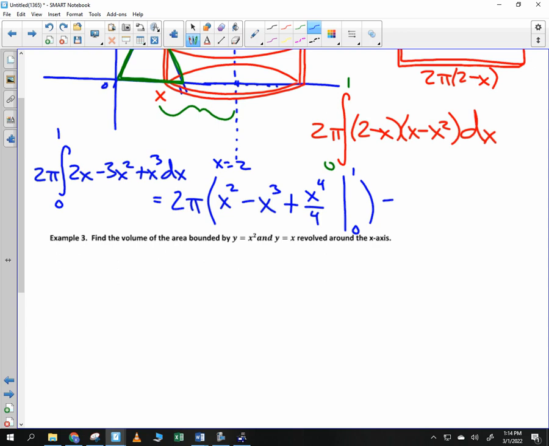You're almost there. 2 pi times what? 1 minus 1 plus a 4th. So you get 2 pi times a 4th, which is pi over 2, which is 90 degrees, right?